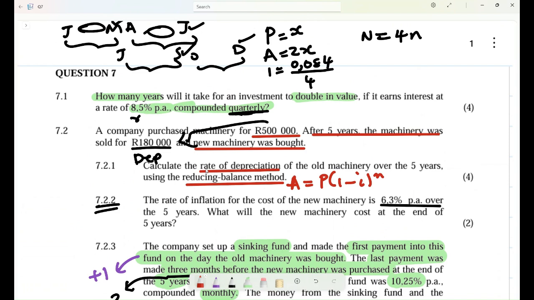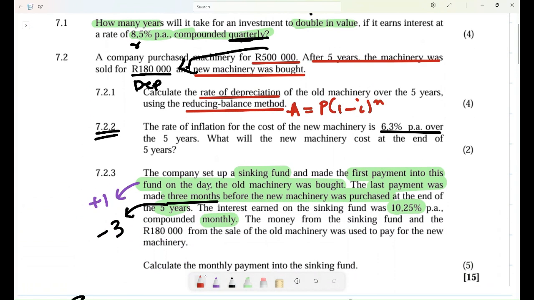All right, let me recalculate that. I removed it without realizing, so it's going to be 500,000 times (1 plus 0.063) to the power of 5.